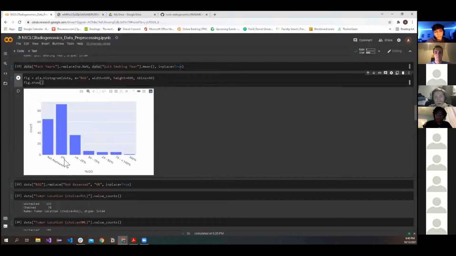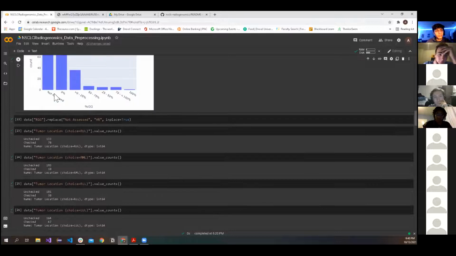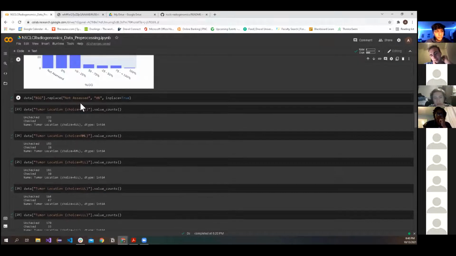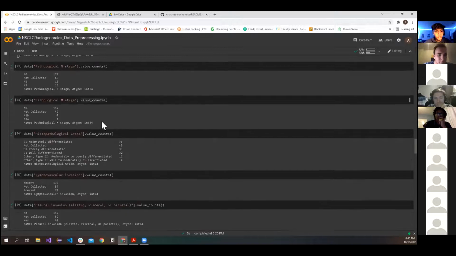Since this is a categorical variable, I just replaced it with the most common one. There's probably smarter ways of doing it. For continuous, I replaced it with the median, but that also has its own issues.